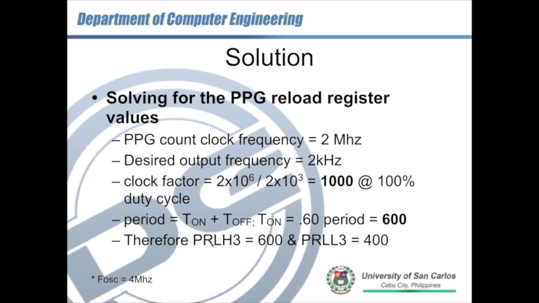So the values for PRLH3 and PRLL3 are basically 600 and 400 respectively. This assumes that we have FOSC at 4 megahertz and we're using the 2 over machine clock, so we have a PPG count clock frequency of about 2 megahertz.